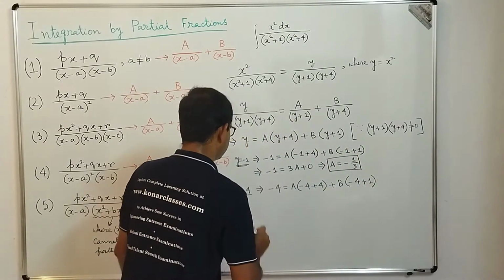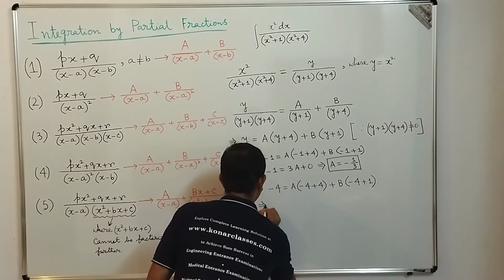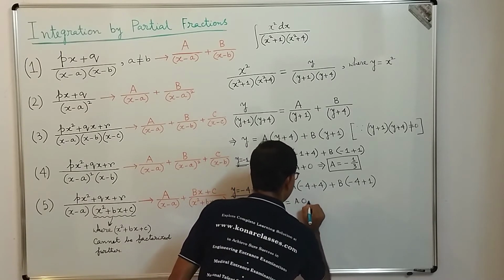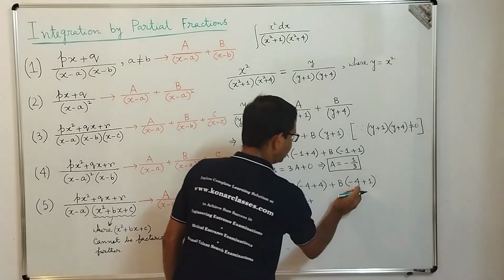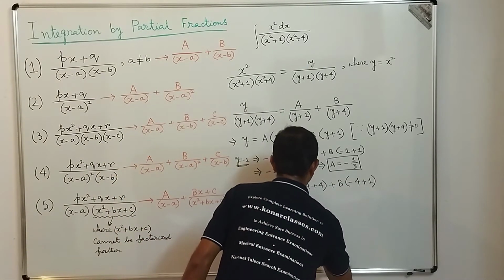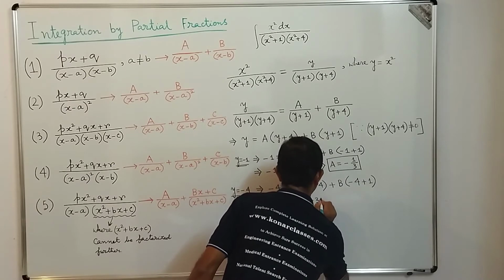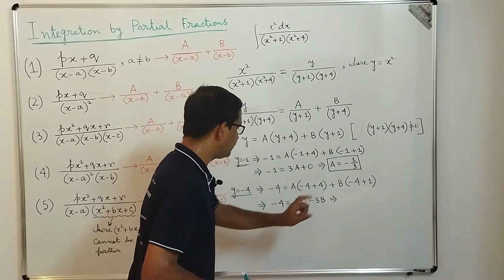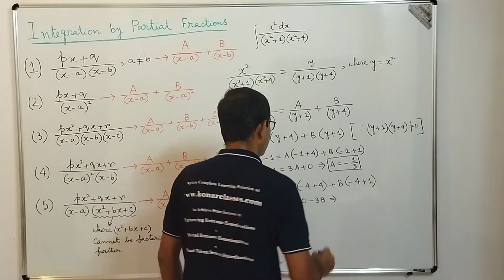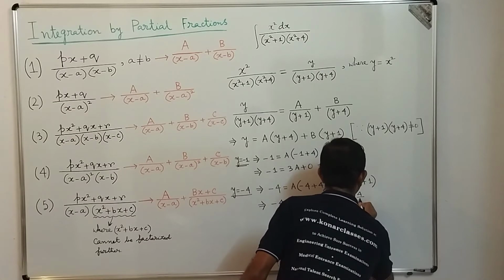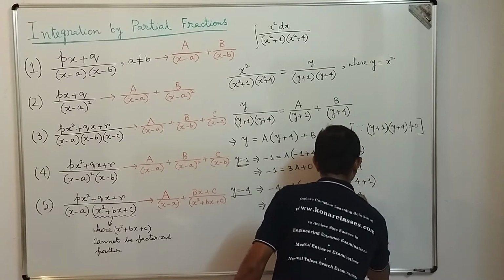That implies minus 4 is equal to A into 0 plus (minus 4 plus 1), that is minus 3, into B. So minus 3 into B. From here we get minus 4 equal to minus 3B. That means B is equal to 4 by 3.